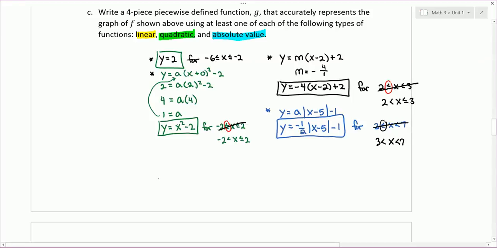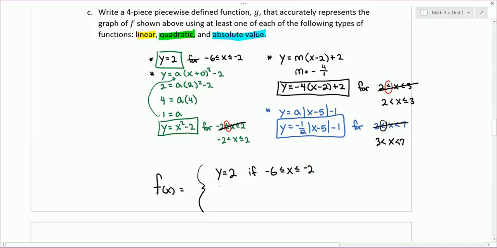So here's our function f equals, our first piece is y equals 2, if -6 is less than or equal to x, which is less than or equal to -2.